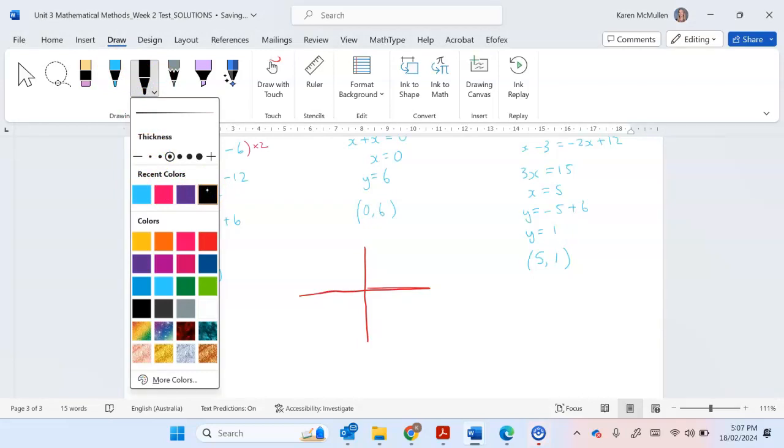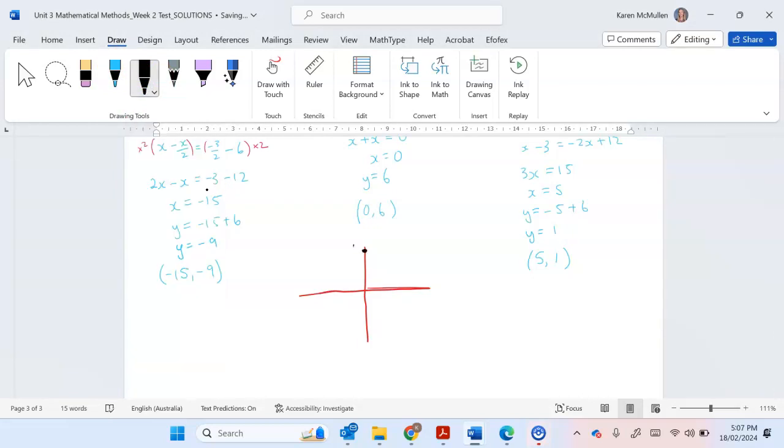Okay, so 0, 6, let's just say there, 5, 1, it's kind of here, and negative 5, 0, so I might just do that, 5, 1, probably should change the scale a little bit, that's a terrible scale. Let's just get rid of that. Alright, so there's the second point, and then we've got negative 15, negative 9, oh my gosh, guys.